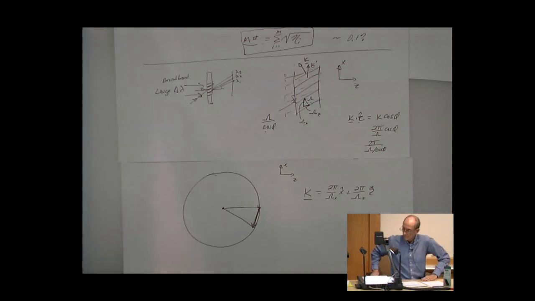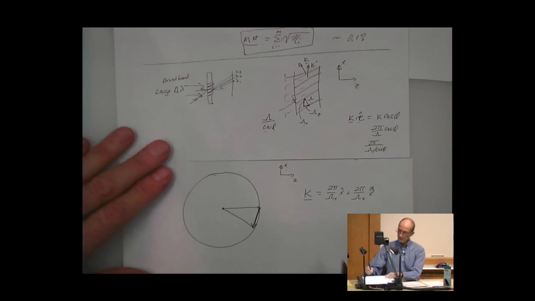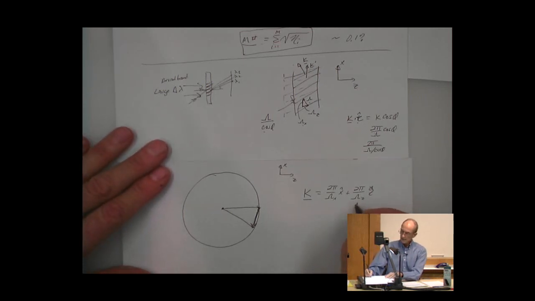So what happens when this swells is that lambda z gets bigger, and when lambda z gets bigger, kz gets smaller.